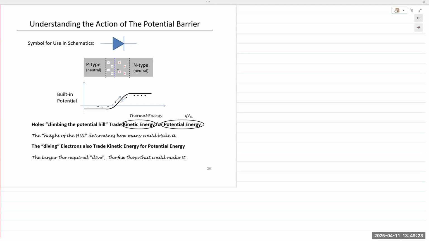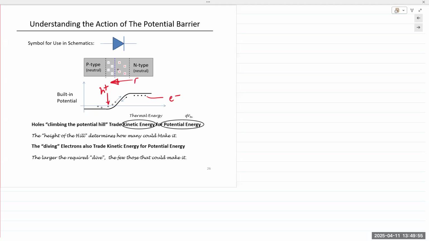So when you connect these, we can describe that potential. This graph right here, right? These are the holes on the left side, and these are the electrons on the right side. And the electric field is going from this side to this side, positive to negative.